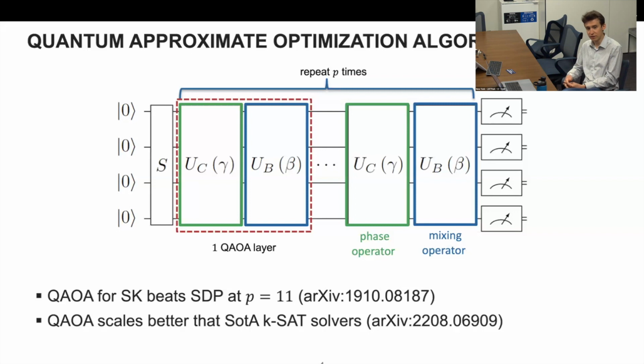And there's been a recent numerical study of scaling of QAOA on random SAT problems, and it appears to scale better than state-of-the-art k-SAT solvers at k equals 8. Combined with amplitude amplification, this gives you slightly better than Grover, slightly better than quadratic speedup on random SAT, which is very promising.